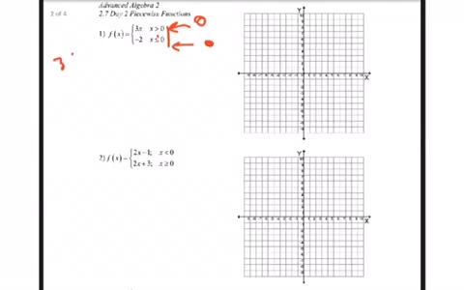If I do 3 times 0, I get out 0. So I'm going to put an open circle at 0. For the bottom one, x equals 0, it should be equal to negative 2, and that's going to be a closed circle. From here, all the values that are bigger than 0 are represented by the equation y equals 3x.